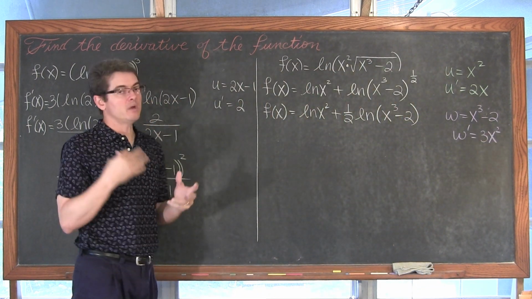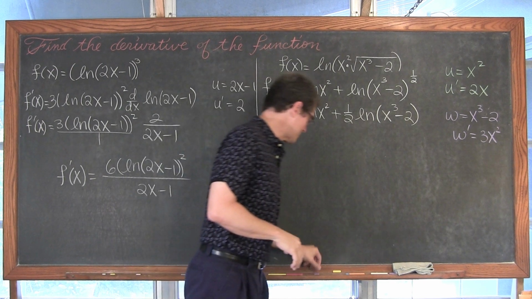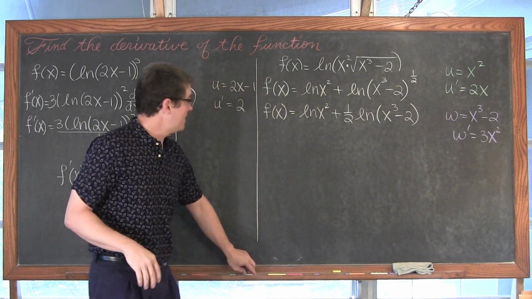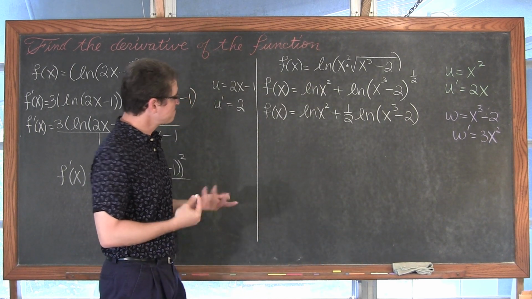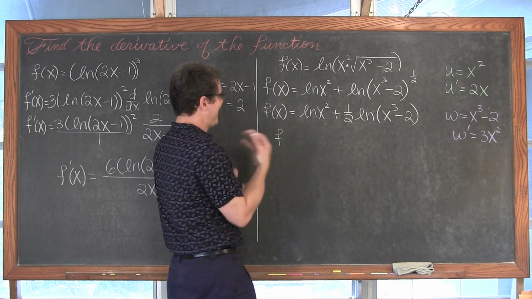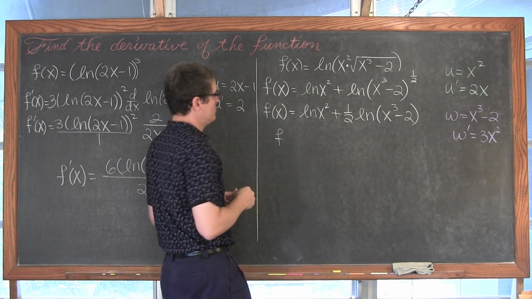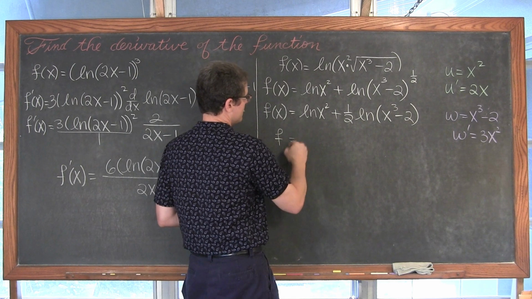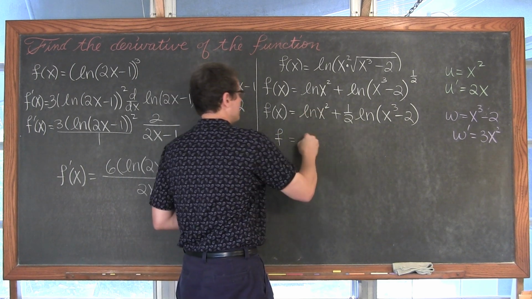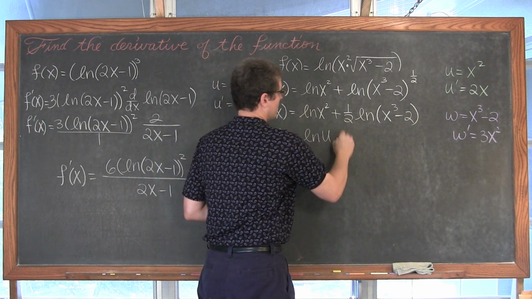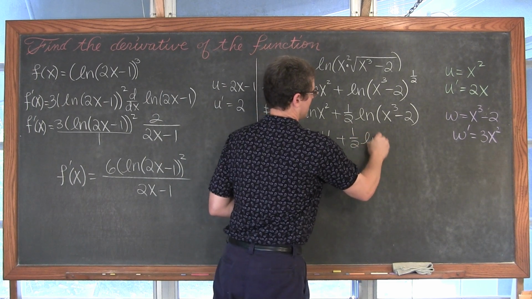And I realized I wasn't doing this with some of my simpler questions as we get up into the harder ones, but if I just wanted to write function f temporarily with this temporary u substitution, we could say that this is now the natural log of u plus 1/2 the natural log of w.